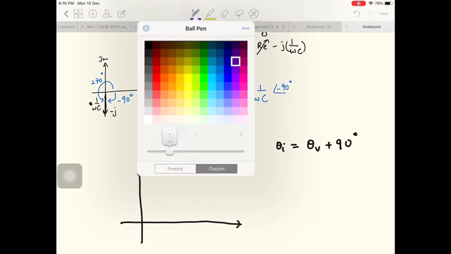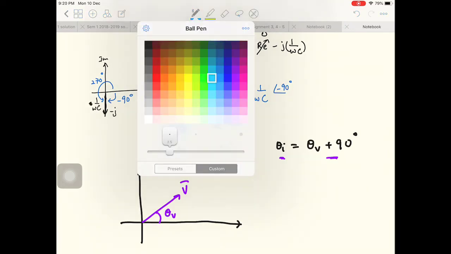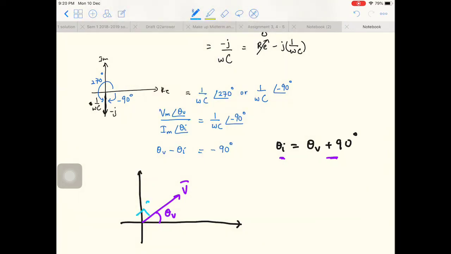If we draw this on the complex plane, this is V with some theta V, and theta I is equal to theta V plus 90 degrees, so we add 90 degrees here, and this is the phasor current.